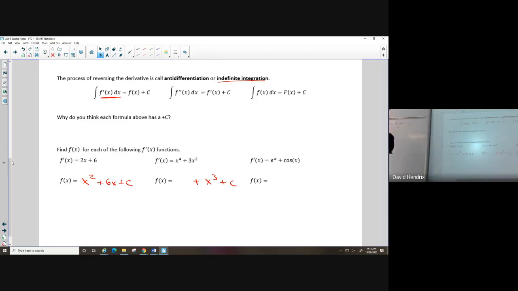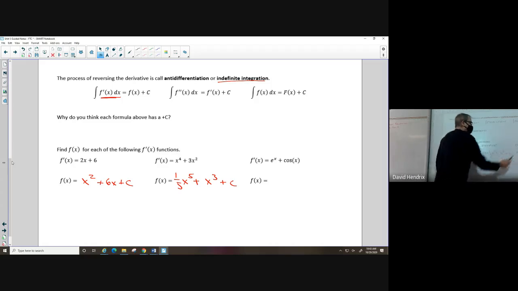First term's a little tricky, huh? No, easy. What should it be? X to the what? 1/5 x to the 5th. Not that hard. So you should be able to take the derivative of all of these and get that.